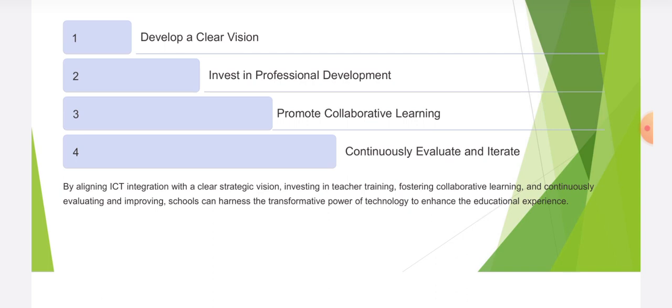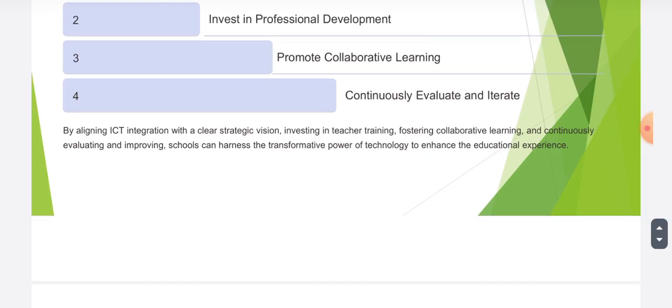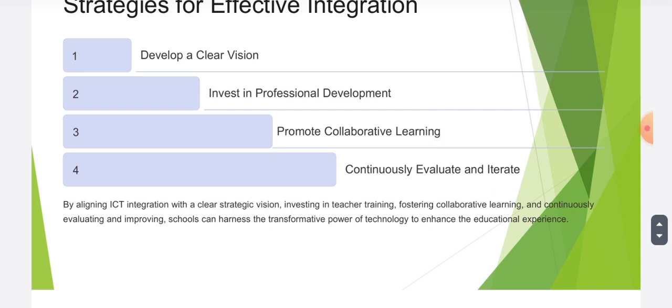Then promote collaborative learning, and we have to support it so that all can learn. And the fourth point is to continuously evaluate and iterate. Continuous evaluation is required. By following these points, we can make sure that this technology can be integrated.